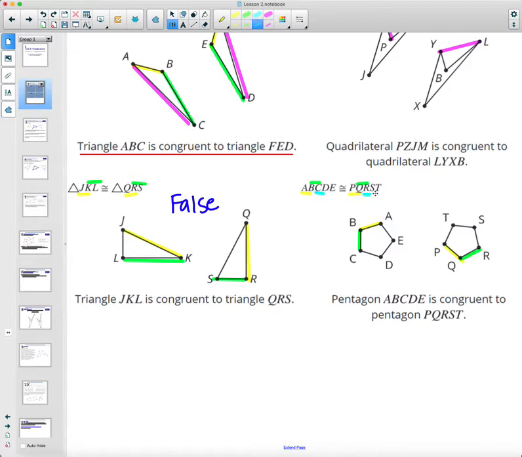CD with RS. DE with ST, and then that final side, AE with PR. So this one is a true statement. So true congruent statement for this last one.